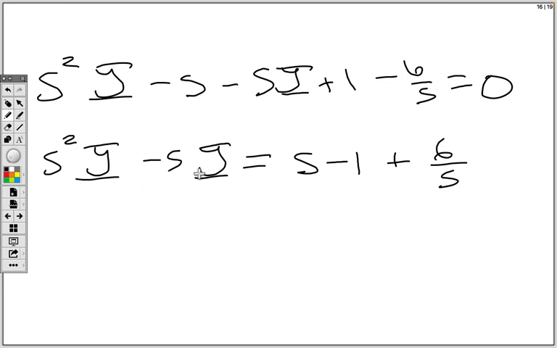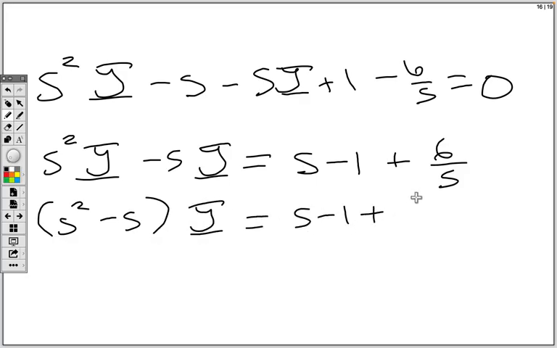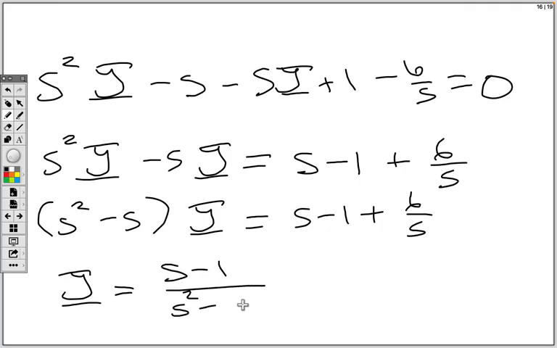Now I can factor out the Y here. And then divide both sides. And now I've solved for the transformed function Y.